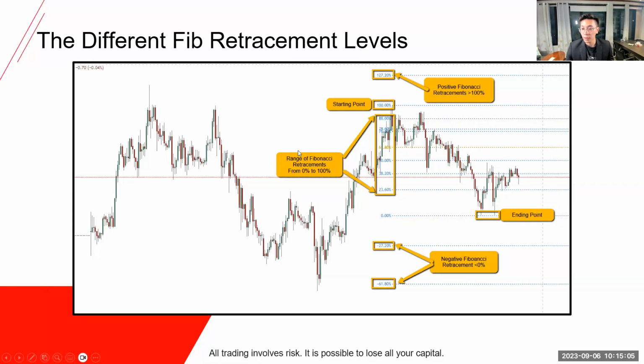You can see right here, this is your range of fib retracements from 0 to 100%. You can see your positive fib levels, which are greater than 100%. 127.2% is over here, and then the expansion levels are below the 0%.